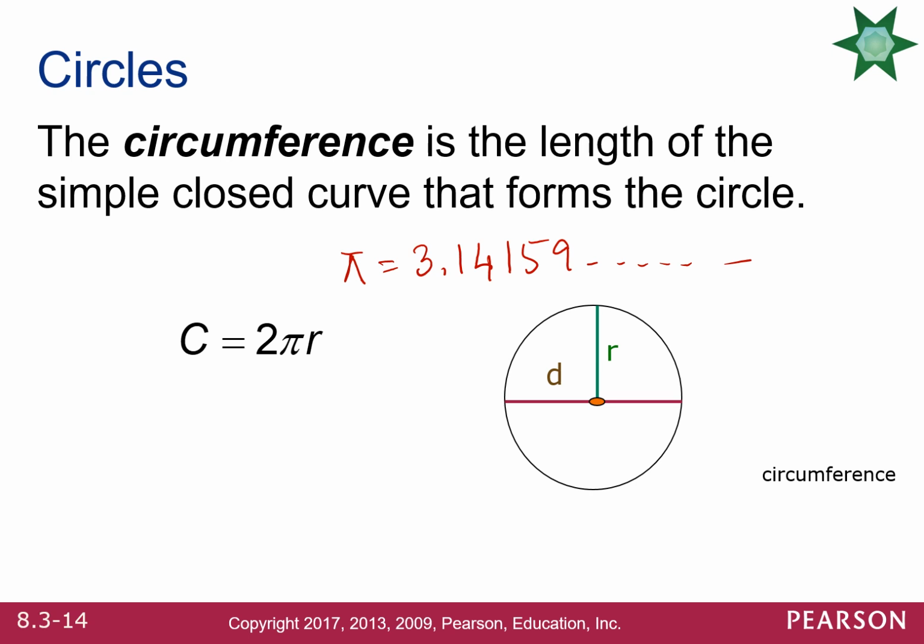Essentially, pi is a value obtained by taking the ratio of the circumference and the diameter of a circle. Circumference and diameter.